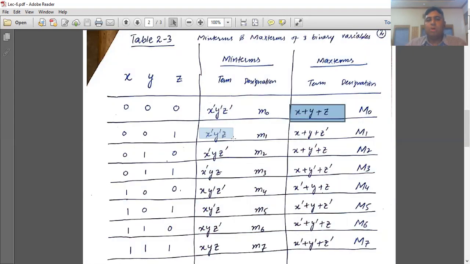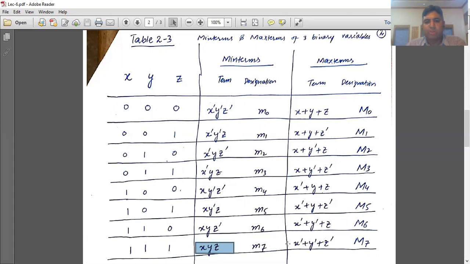Similarly, all other maxterms will be the complement of each corresponding minterm. Just like you can see here, x y z, we will convert it into an OR gate: x bar plus y bar plus z bar. Basically, we are converting each AND gate into an OR gate, and we are complementing each literal.